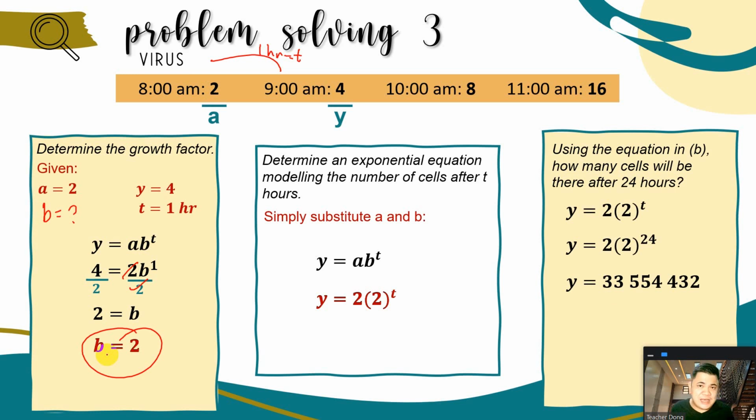Just imagine that if you got coronavirus 2 years ago, when the coronavirus was very strong, unlike now, after 24 hours without treatment you would have 33,554,432 viruses inside your body.